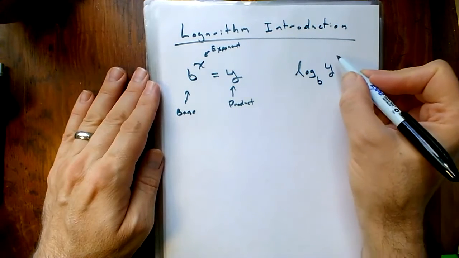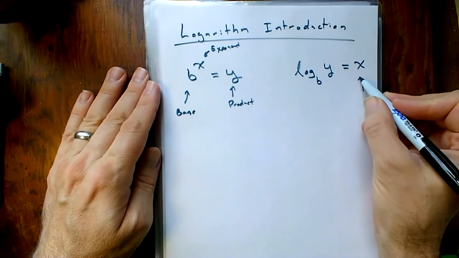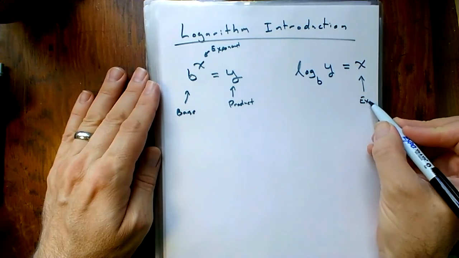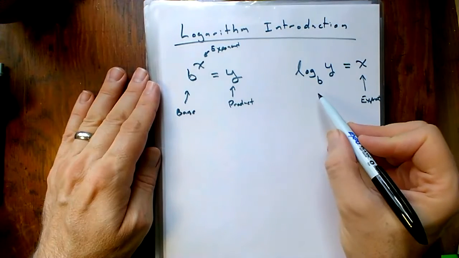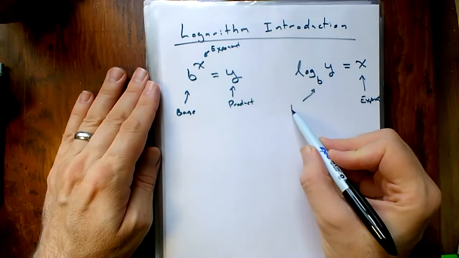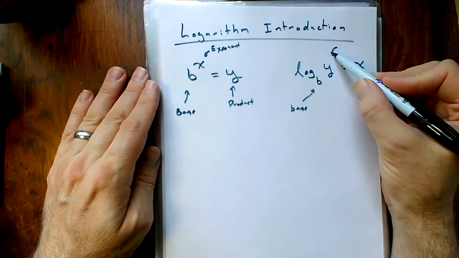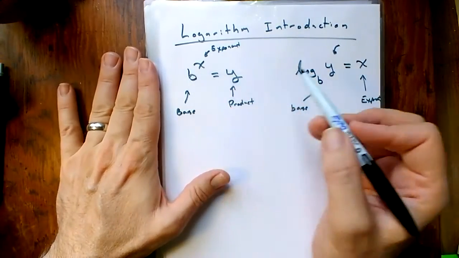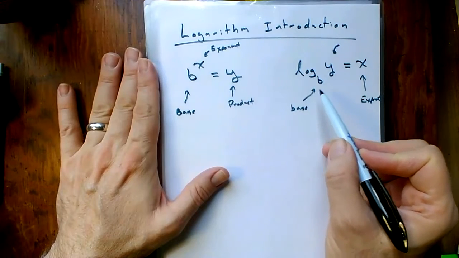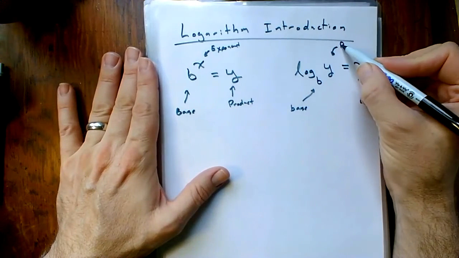We take the log of a product, and our answer is the exponent. So rather than multiplying some base multiple times, we're asking what exponent on that base will produce a given product.